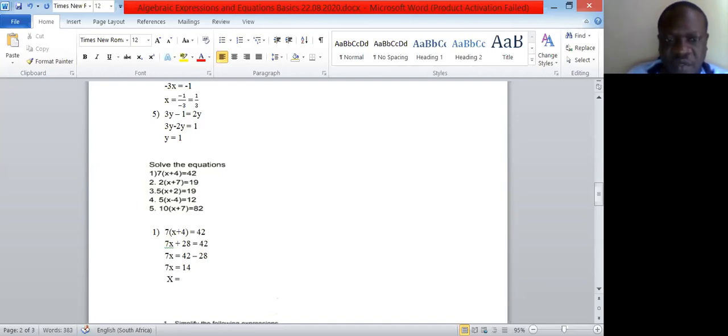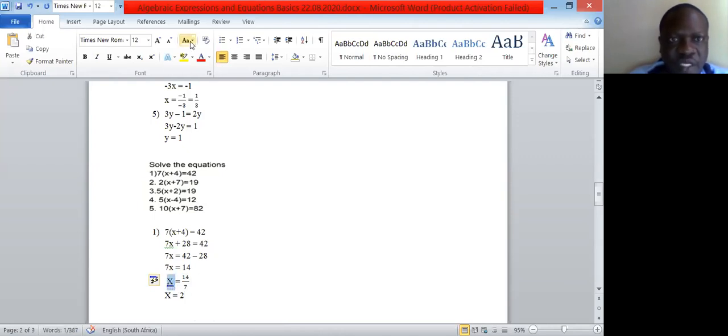So x is equal to 14 over 7. And then 14 divided by 7. So our x is actually equal to 2.